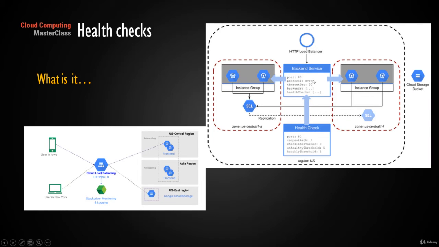And you can configure health check parameters. As an example here, you are checking backend VM instances for port number 80, HTTP protocol. Every 30 seconds you are going to do a ping test, and if the health is in good condition, then the load balancer will send the request to them.